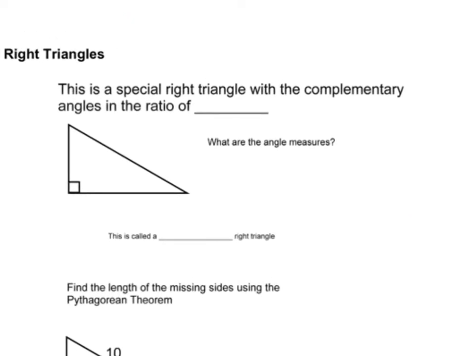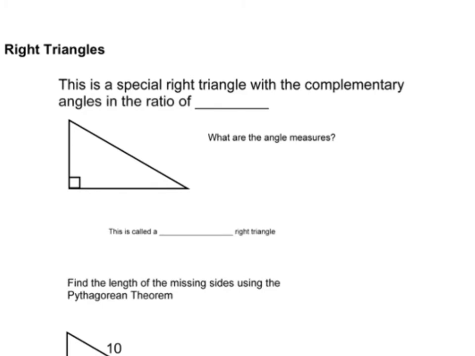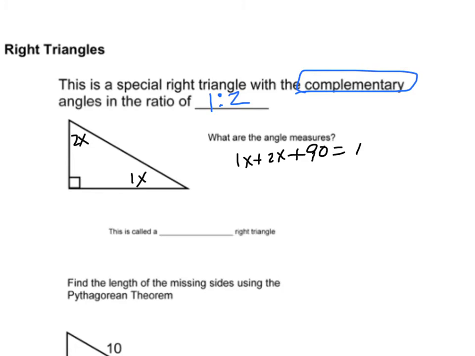So notice, it says this is a special right triangle with the complementary angles in a ratio of 1 to 2. Now if you think about that for a second, this is going to be 1x and this is going to be 2x. What are the angle measures? I'm going to write 1x plus 2x plus 90 equals 180. 3x equals 90. X is equal to 30.